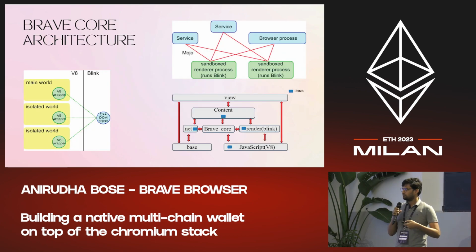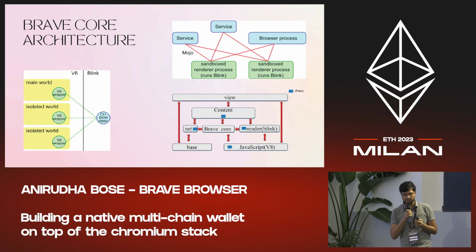But before I delve into that, I want to quickly explain what it means to be a native wallet. This is going to be the most technical slide in the whole presentation, so just bear with me. So I want to explain the browser's architecture.